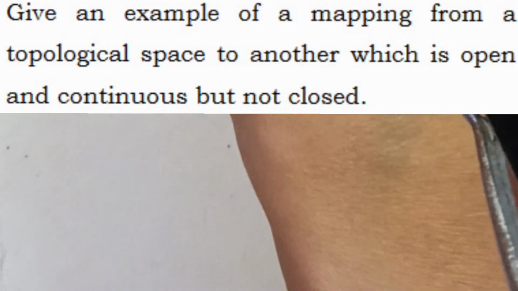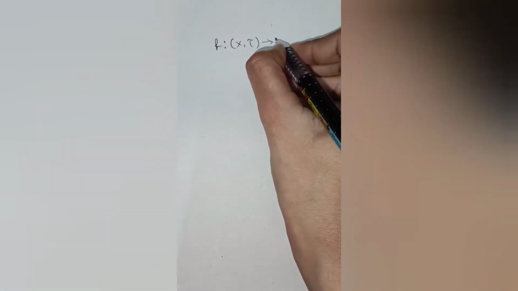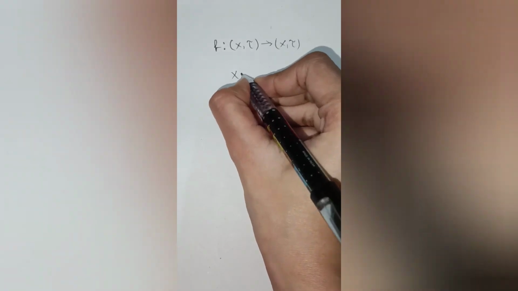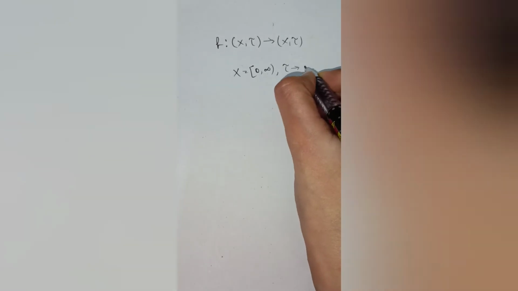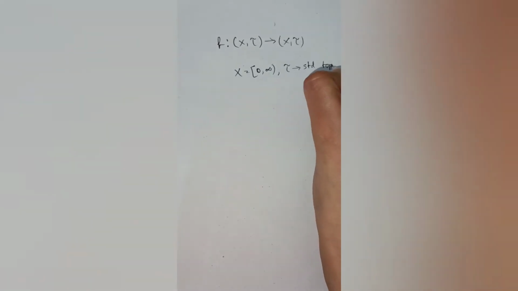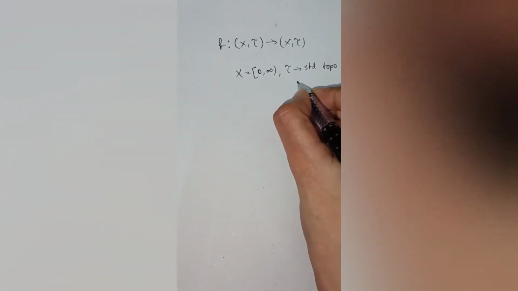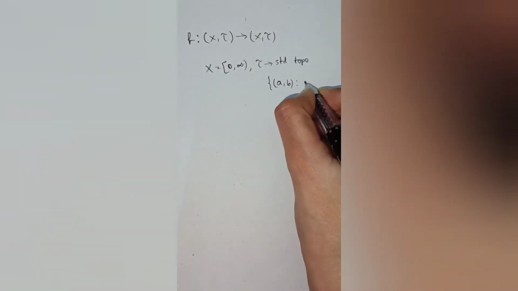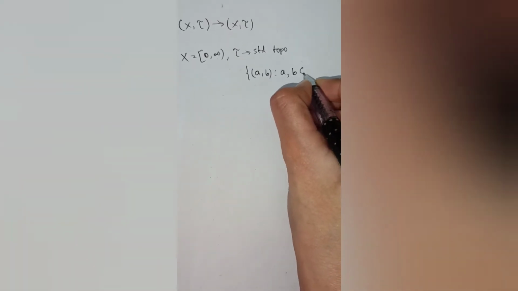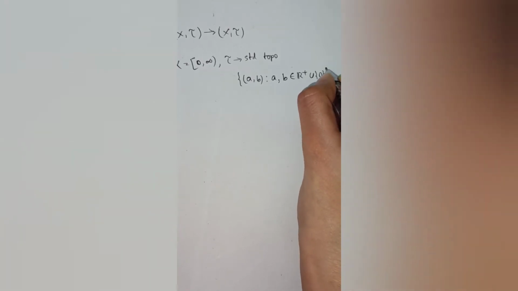Now let f be a function defined on a topological space (X, τ) to (X, τ), where X is the closed interval [0, ∞) and τ is the standard topology on this set X. So τ is generated by the sets (a, b), where a and b both belong to R⁺ union 0, right?